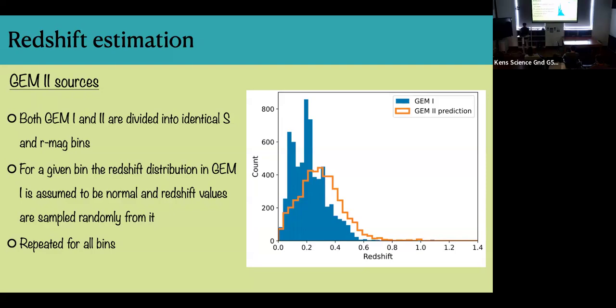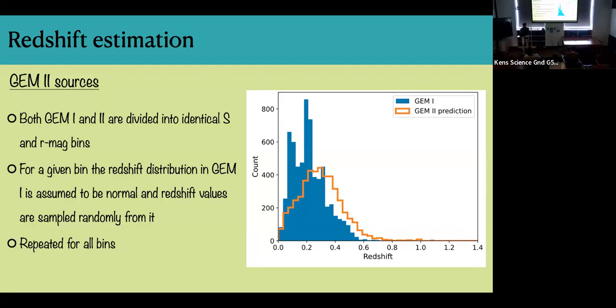In the GEM1 sample's bins, I'll have a redshift distribution because they have the spectroscopic counterparts, they have redshifts. So I take that redshift distribution and I look at the same bin for GEM2, and let's say that bin has 100 radio galaxies. I assume that this distribution is normal, and I take 100 numbers randomly from that distribution, and those 100 numbers are assigned as the redshifts for the radio galaxies in this bin.